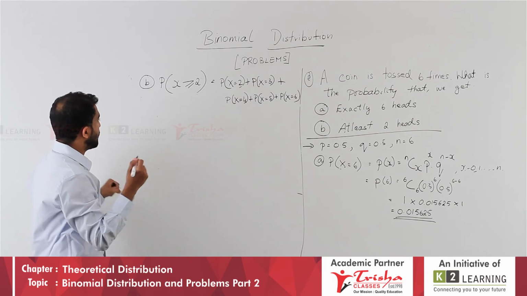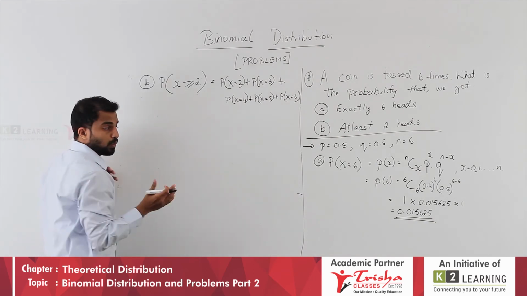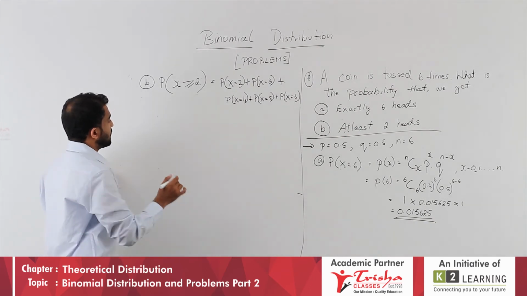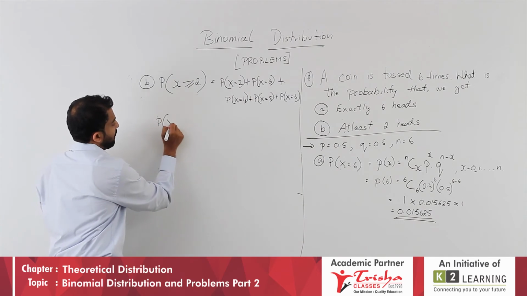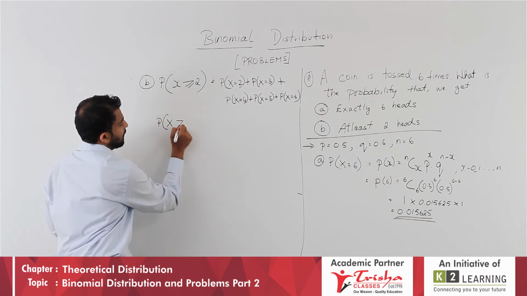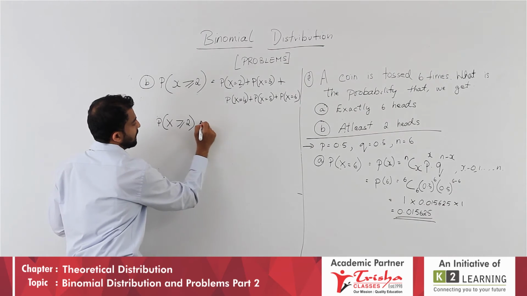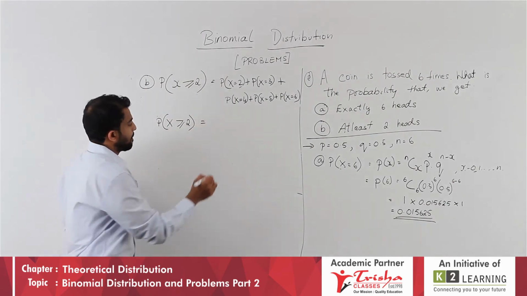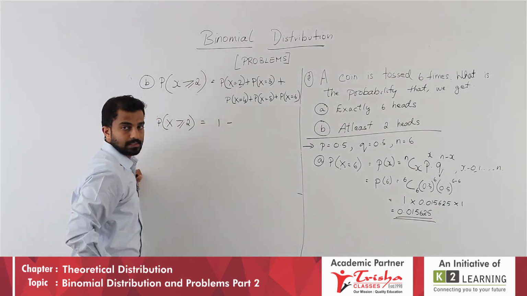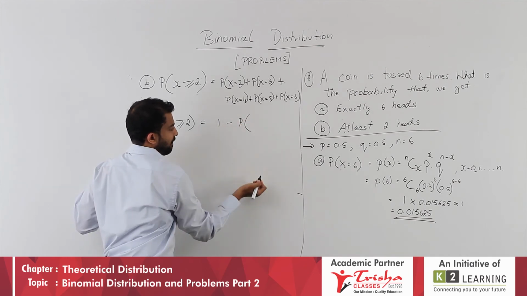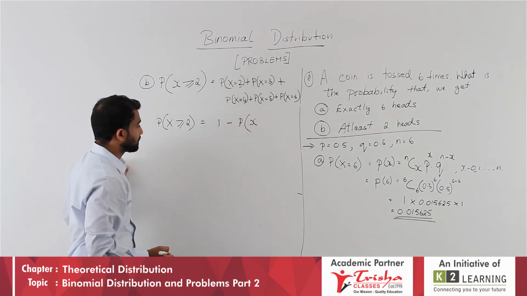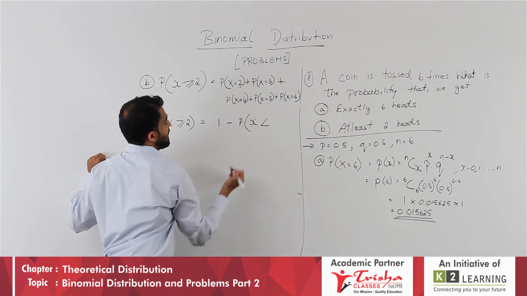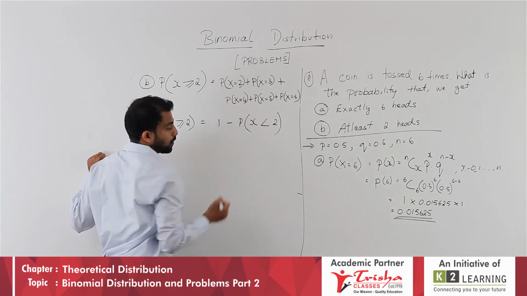What we can do is take the reverse way. P of x greater than or equal to 2 is nothing but 1 minus P of x less than 2.